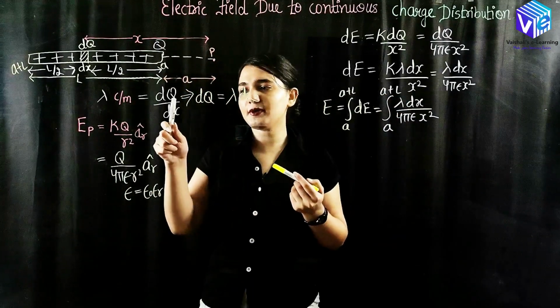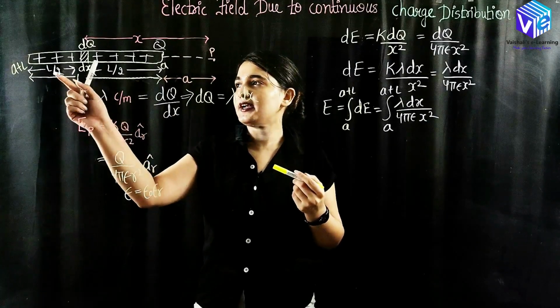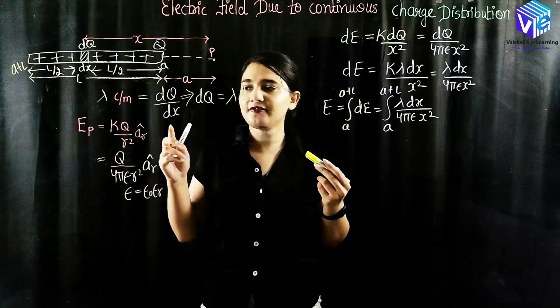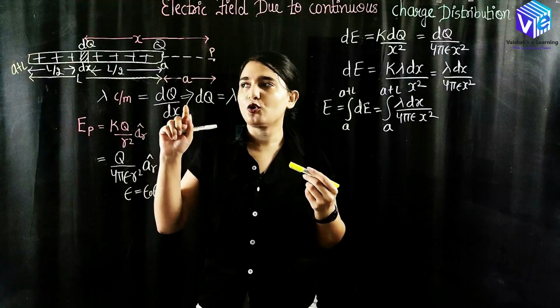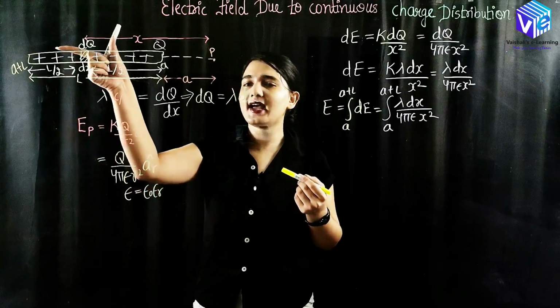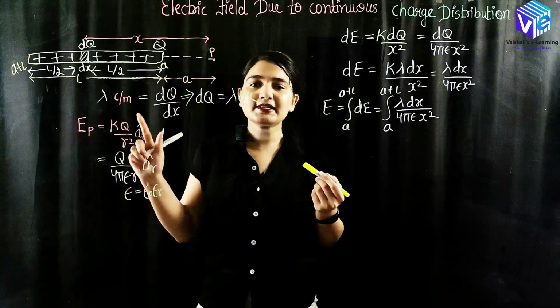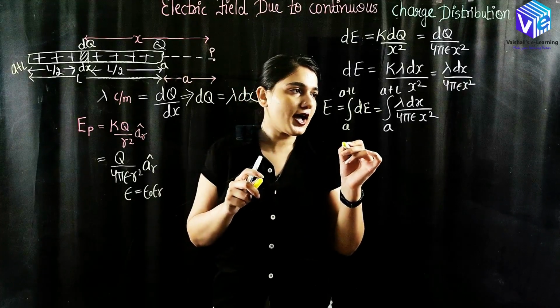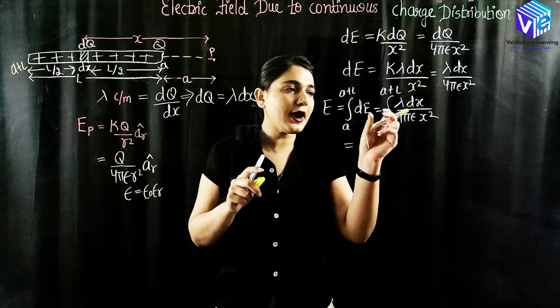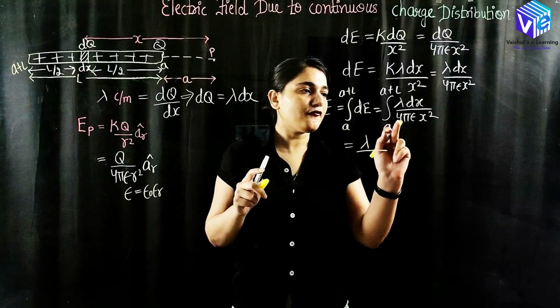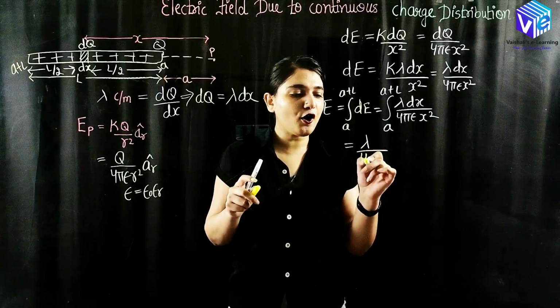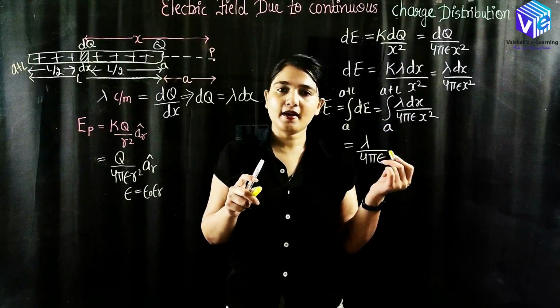Now what are constants? Lambda is constant because we have the predefined length L and the predefined charge q. So I can put lambda outside the integration. 4 pi and epsilon are also constant for a given material.